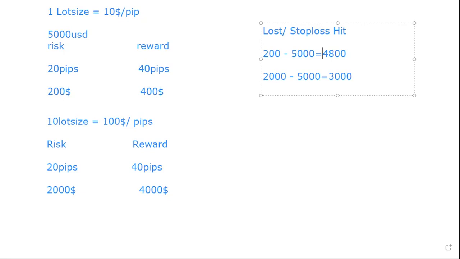So there's a place where you can do the calculation of your lot sizes. Let's say you have an account, but you don't know which lot size to use. If you don't know the lot size to use, just go to Google.